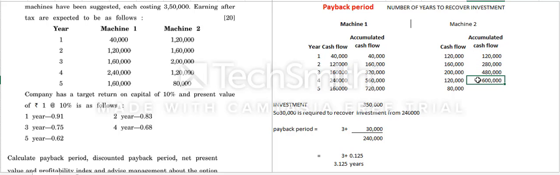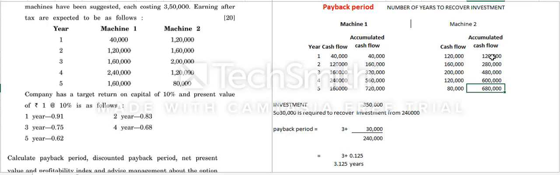Same way, at the end of year 4 we are getting 6 lakh, and at the end of fifth year we are getting 6,80,000. So again we have to see after how many years the company is able to recover 3,50,000, because it is investing the same amount in both the machines. So the investment will remain same.